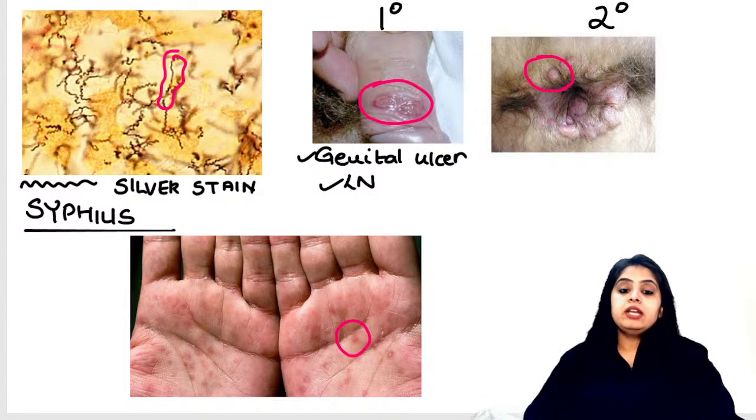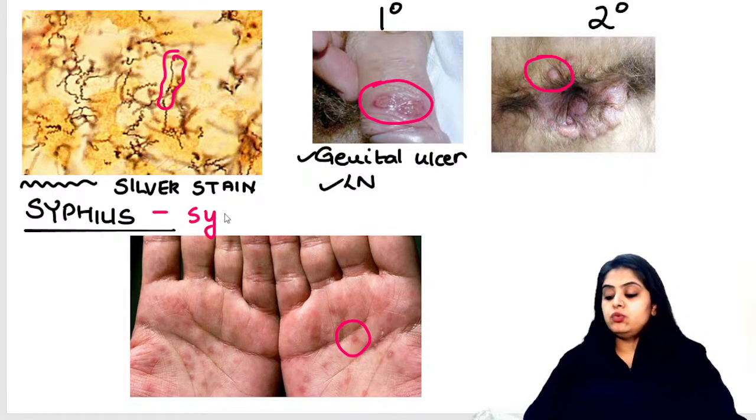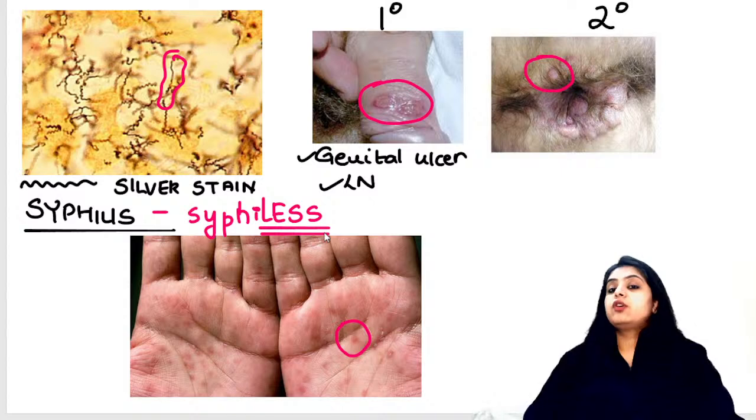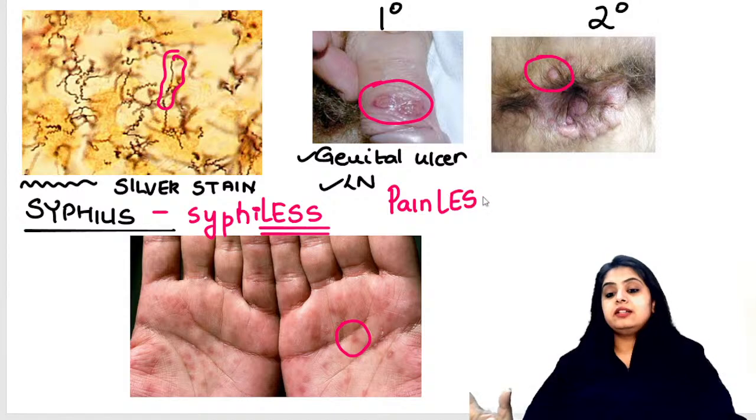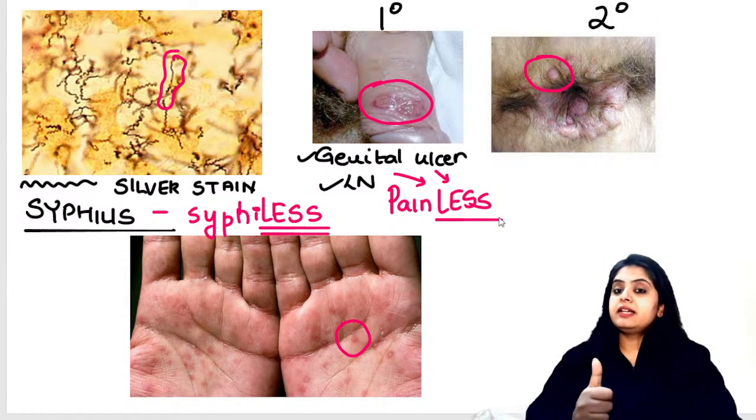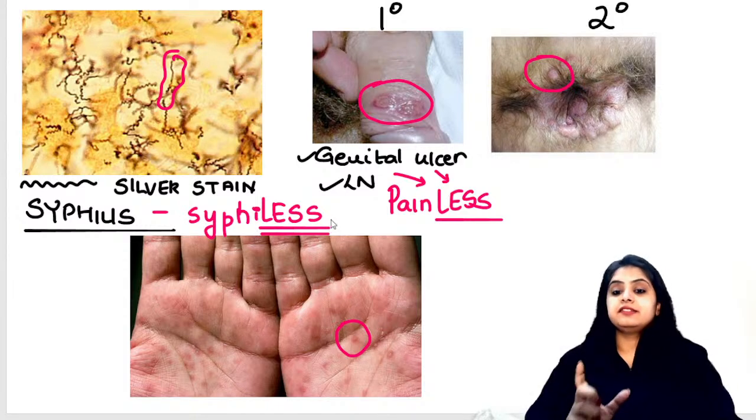So remember, when you're talking about anything to do with syphilis, or I will from today onwards call it syphilis because everything is less. Everything is going to be painless. Okay? Ulcer is also painless and lymph node is also painless. It will be remembered, simple. Syphilis is syphilis. Everything is painless. That was primary syphilis.